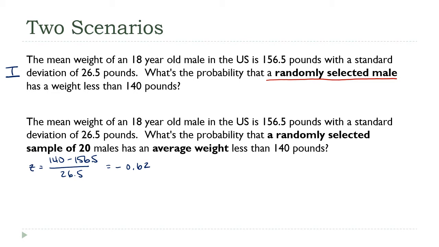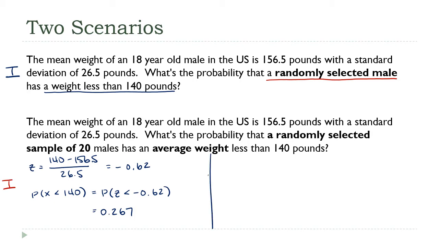Then I know that the probability that x is less than 140, that's what I was asked about, a weight less than 140 pounds, is equal to the probability that z is less than negative 0.62. Now, you go to your table or Excel, your calculator, whatever software you use. This is 0.267. All right, so that is scenario one.